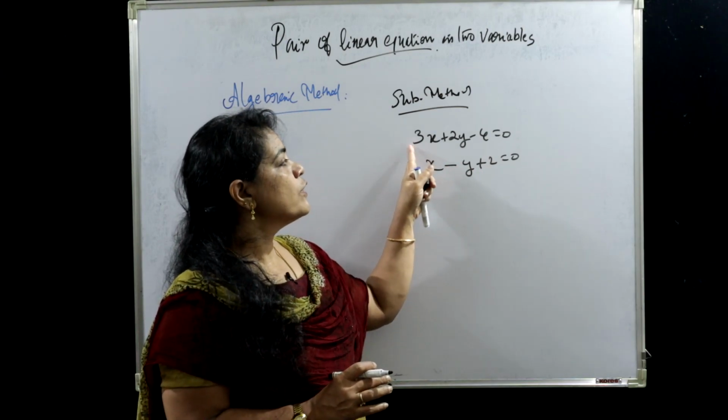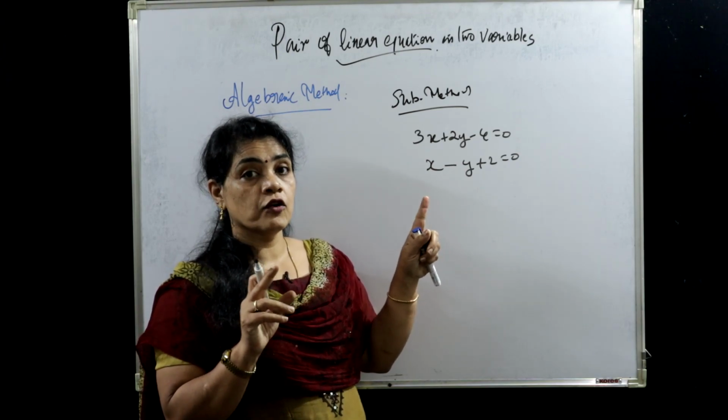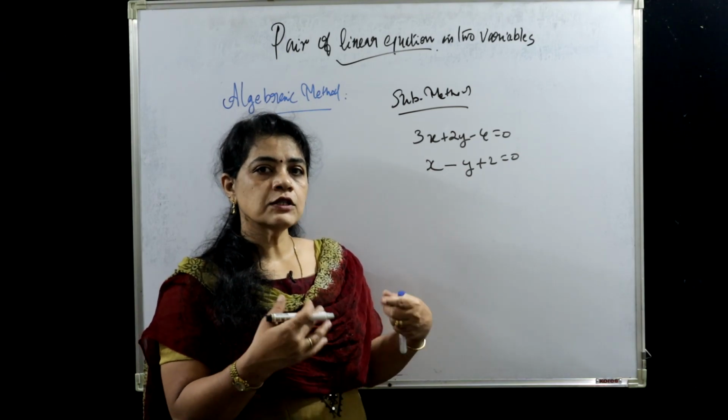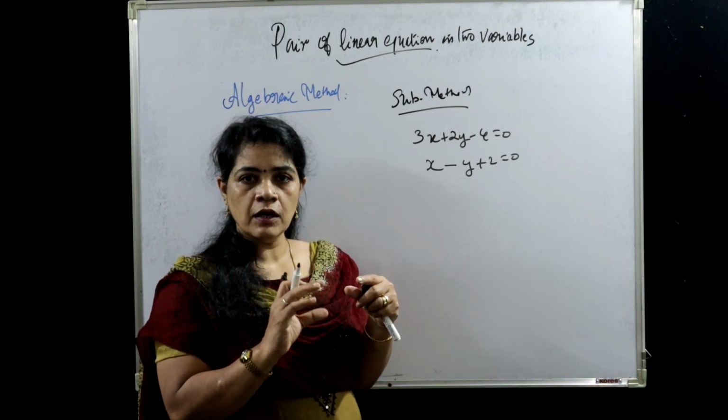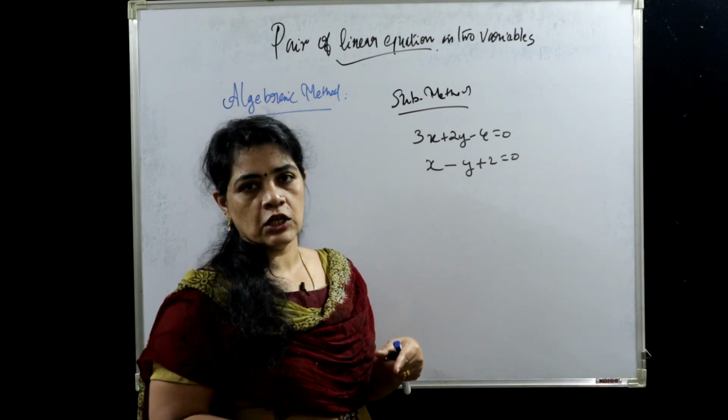For example, from this pair, you see which of the variables has coefficient 1. Otherwise, you have to express one variable with respect to the other term. Then you can substitute that value in the second equation.